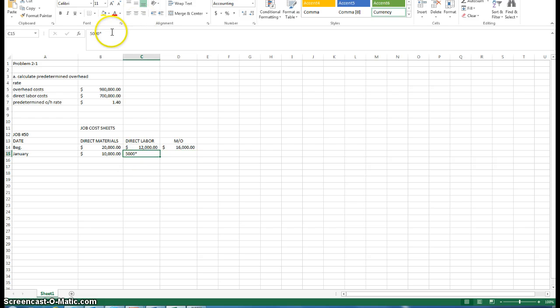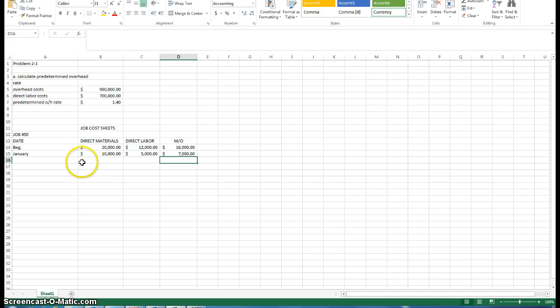Okay, so equals that labor cost times the predetermined overhead rate of 1.4 gives us our manufacturing overhead here of 7,000.